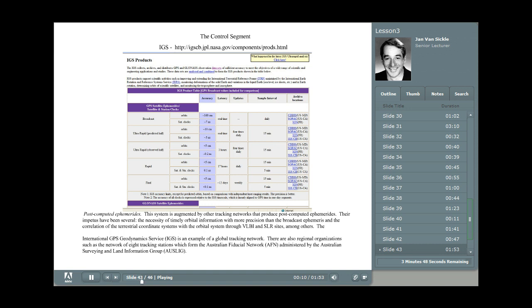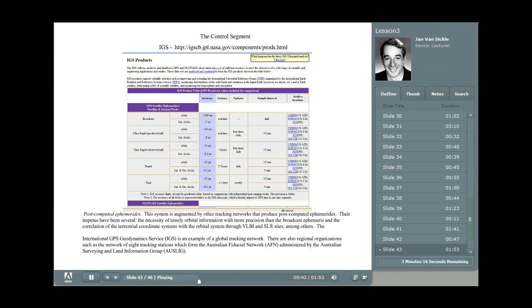So one of the things I wanted to mention at this stage is the fact that since the monitoring stations are tracking the actual satellites all the time, it is possible, and is done, that this tracking information can be used to produce ephemerides of the actual position of the satellite at the time you were observing it.